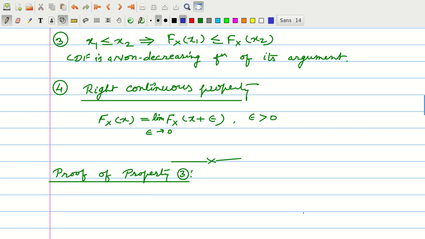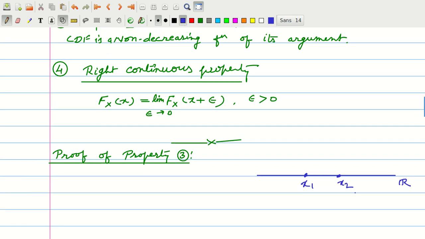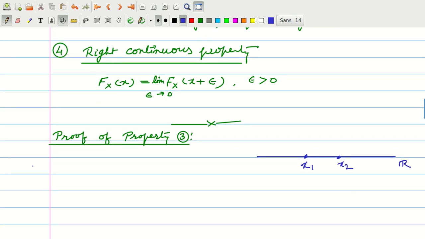Here we are talking about two real numbers x1 and x2, let us say this is x1 and this is x2, so that x1 is less than x2. Let us define an interval here, X less than or equal to small x2. We know that these intervals correspond to some events on the original sample space.